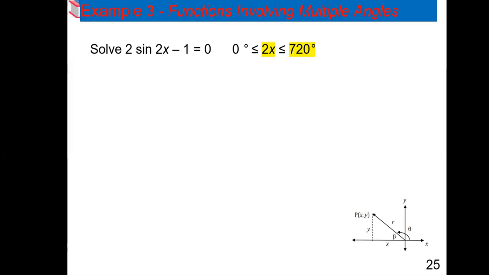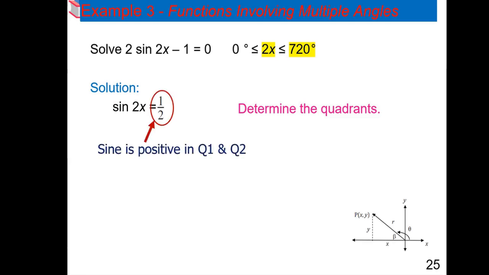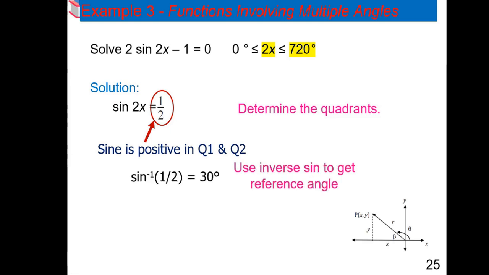Okay, so next, when we want to solve, we have to determine the quadrants. Since half is a positive value and sine is positive in quadrants 1 and 2, we are going to get our answers in quadrant 1 and 2. Next, we do the inverse sine to get the reference angle.